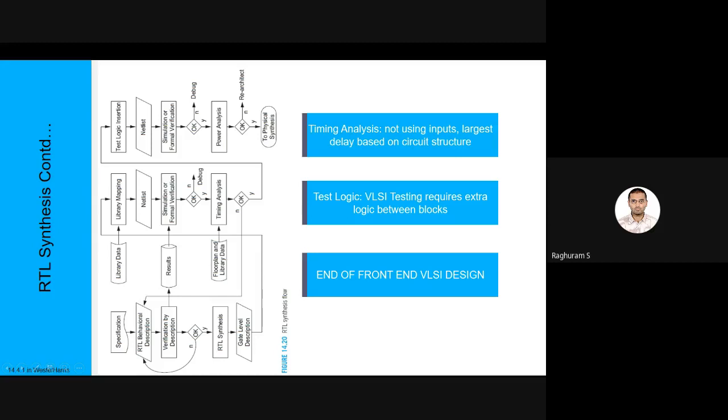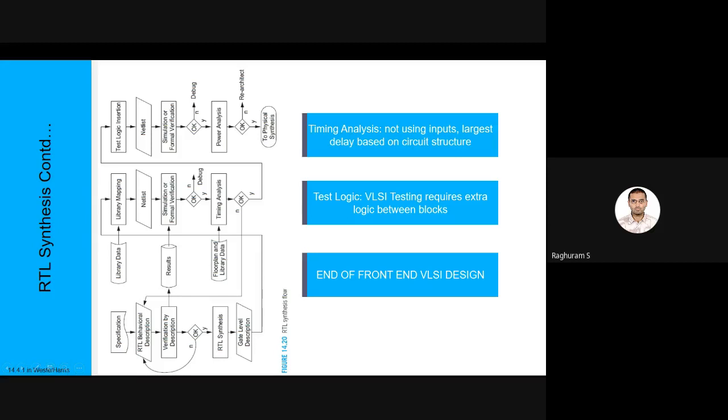When that is satisfied, then test logic. We'll talk a little bit more about testing towards the end of the first part of this unit, but there are separate logic blocks that are inserted for testing also, and that produces a new netlist to the same steps, simulator, common verification, and the last is power analysis.